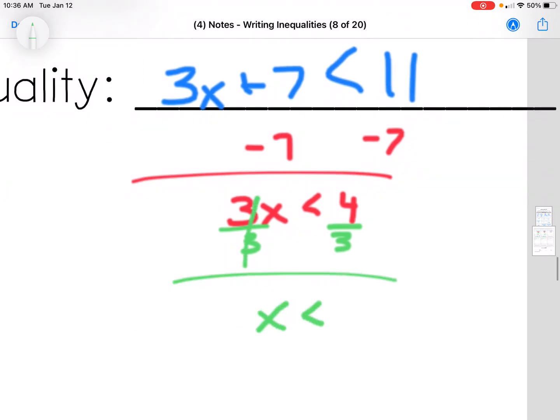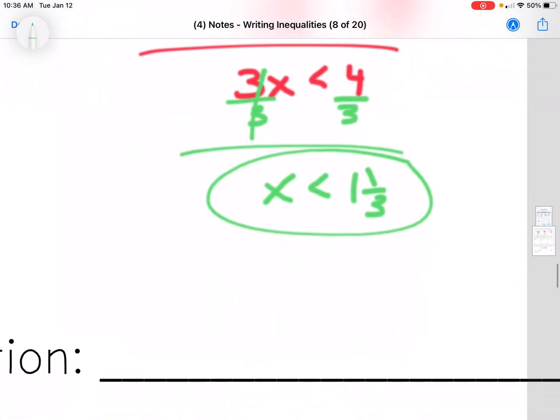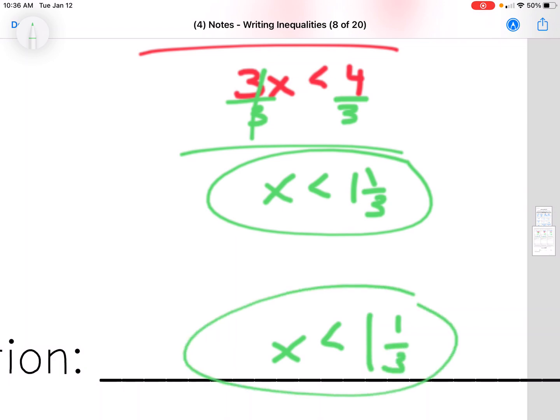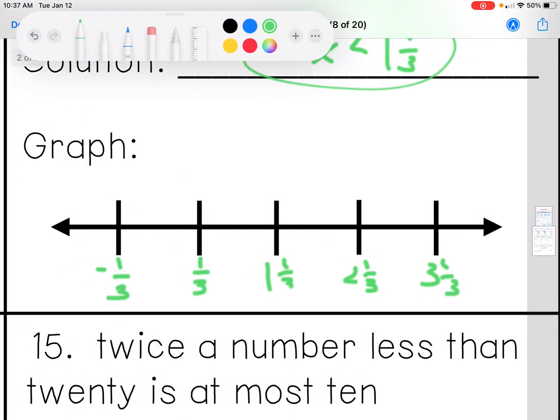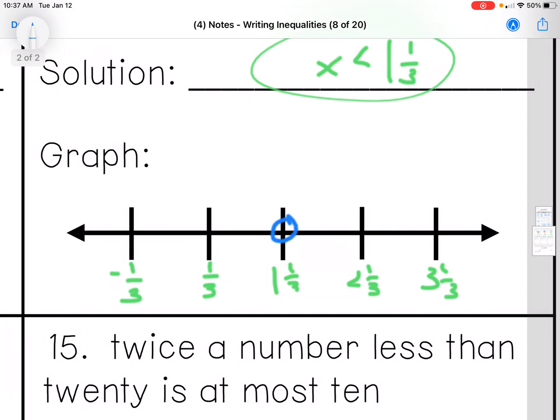X is less than 1 1/3. So let's go ahead and graph that. 1 1/3, 2 1/3. All right. Open dot. It is less than, so it goes to the left.